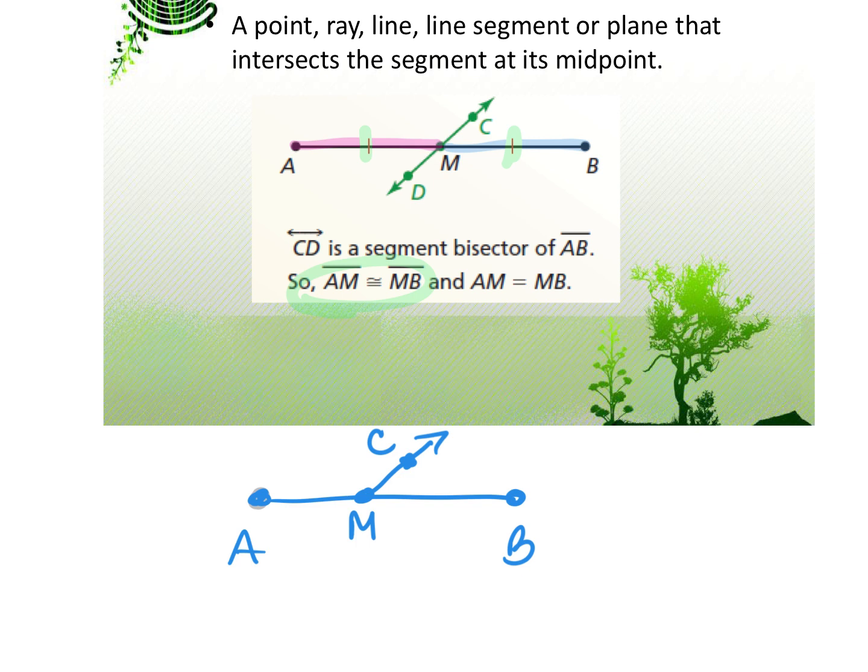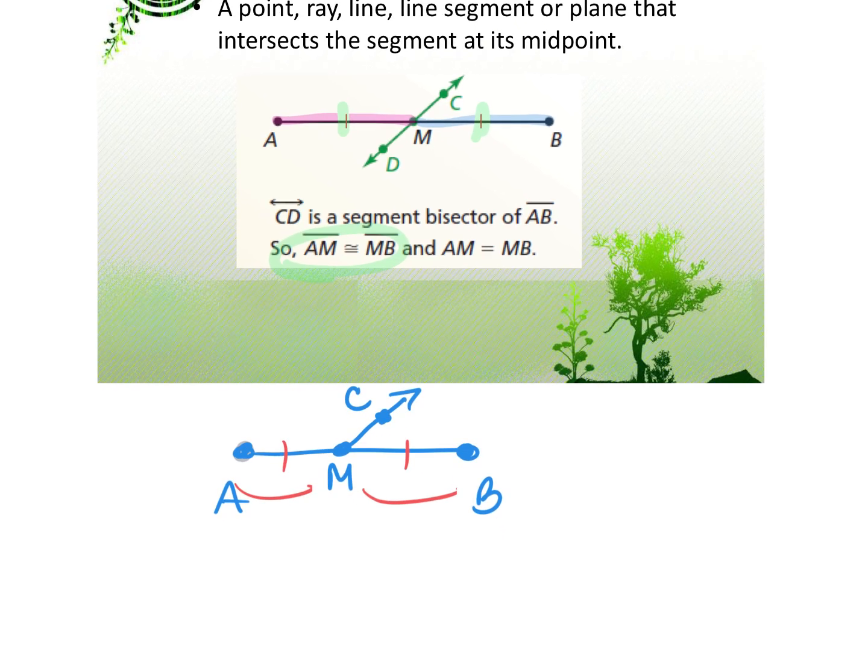So before, it was being bisected by, and I know I didn't really draw it to scale here, so let me shorten it up a little bit. Remember, your drawings are never drawn to scale. So when I first drew it, it sort of looked like it was uneven. But as soon as I put congruency marks there, then I can tell that AM and MB are the same because they have the same congruency mark.